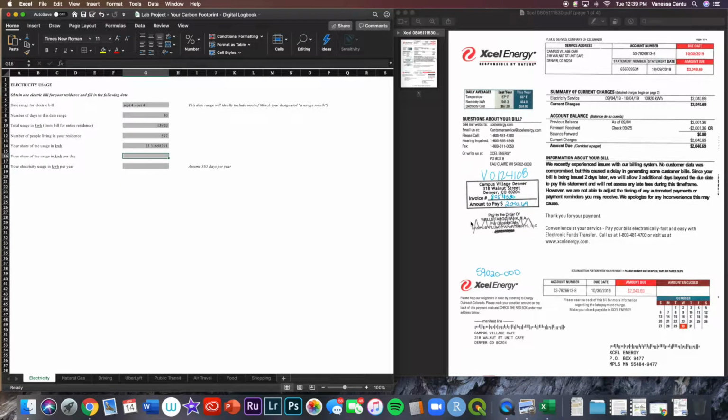Again, I'm going to do the calculation here: the value you calculated divided by the number of days in your date range. So 23 divided by 30 days, you'll get 0.77 per day. And then to get the total for the year, again, I'm going to put the calculation in Excel.